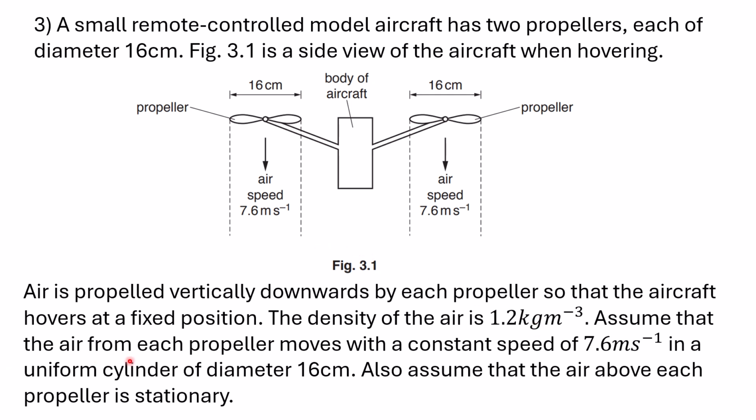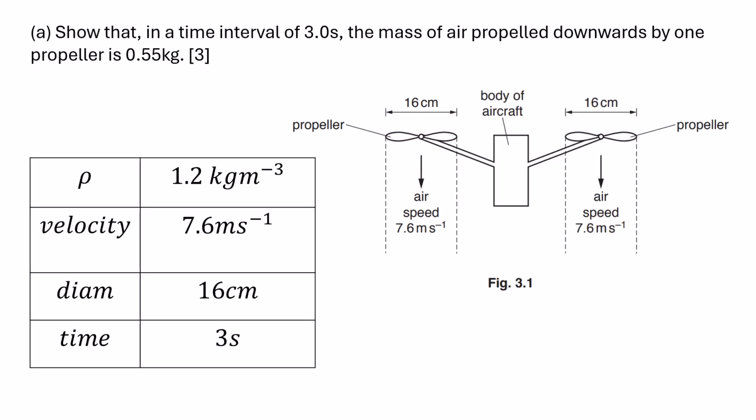Assume that the air from each propeller moves with a constant speed of 7.6 meters per second in a uniform cylinder of diameter 16 centimeters. Also assume that the air above each propeller is stationary. I want to make sure that we can visualize the air column under each propeller has a cylindrical shape.